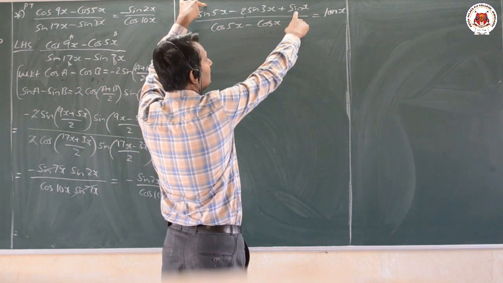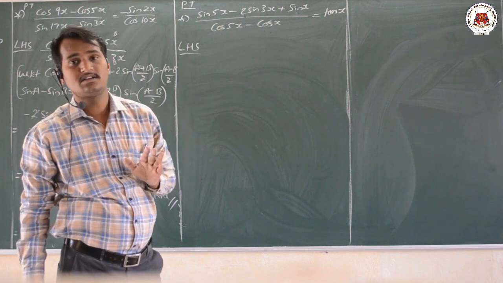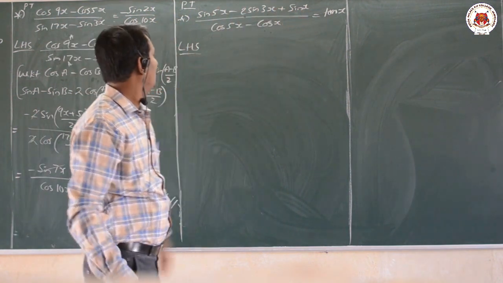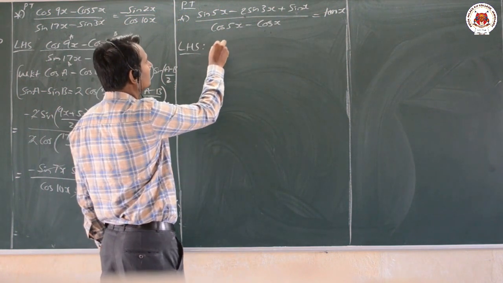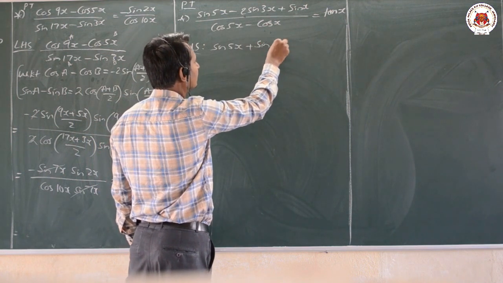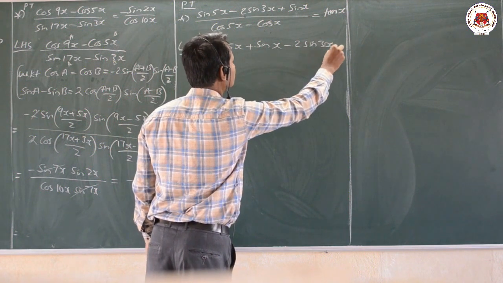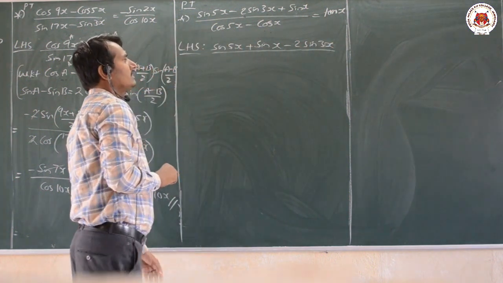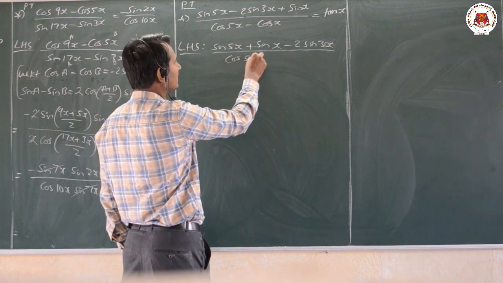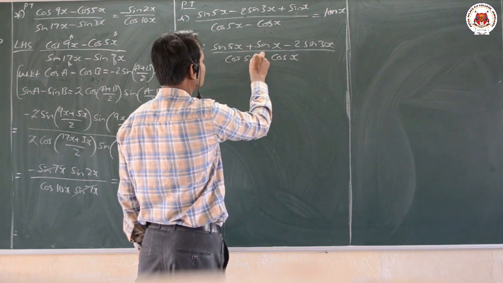Therefore, I will group these two terms first, because I am having the compound angle formula, sin A plus sin B. Now, what I can write for the LHS part is sin of 5x plus sin x minus 2 sin 3x. I am writing 2 sin 3x at the last part, then divided by cos of 5x minus cos x.